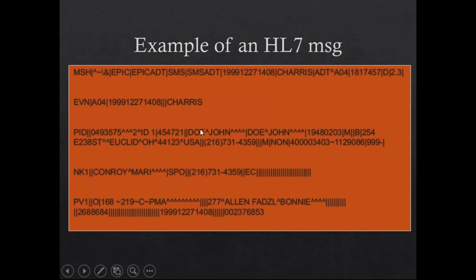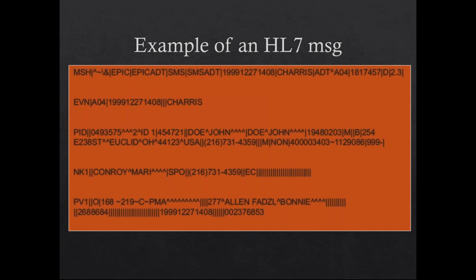So PID 5 will always have name. If you look at this, this is 1, this is 2, this is 3, 4 and 5. So PID 5 will always have a name, and within PID 5 we have a few carets.